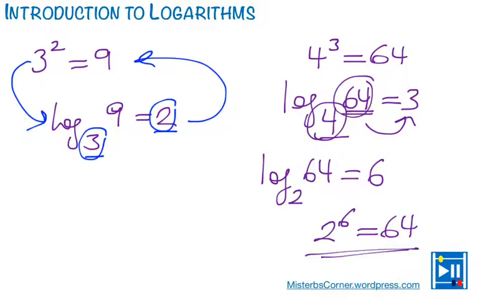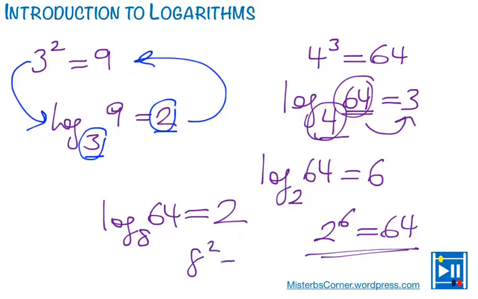Or another example with 64, I can write 64 here and 2 here, because I can choose the base to be 8. 8 squared is 64. So this is the relation between index numbers and logarithms, or in short, logs.